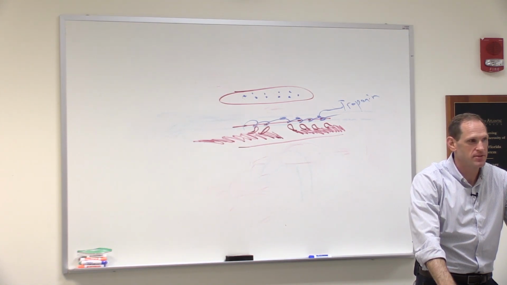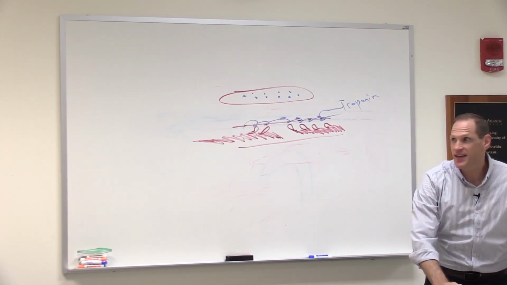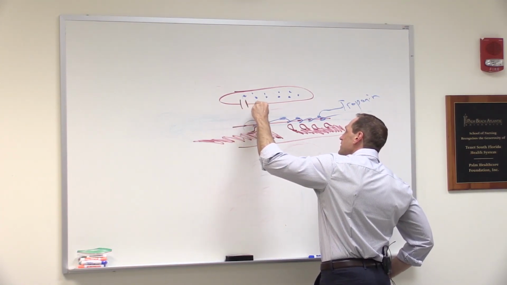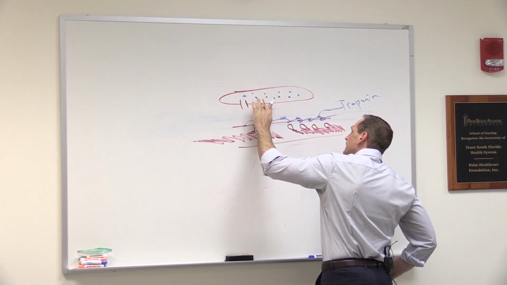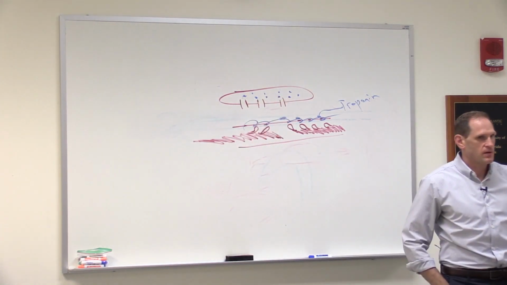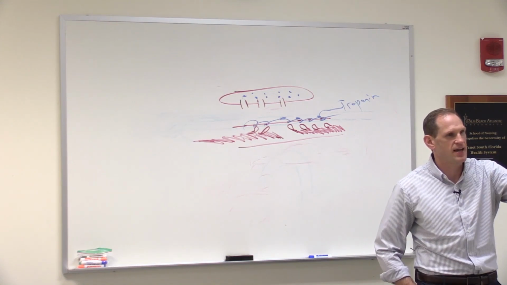Well, what's the name of this drug that we're about to talk about? Calcium channel. So there are little calcium channels in here that are closed until there's a stimulus that says contract.